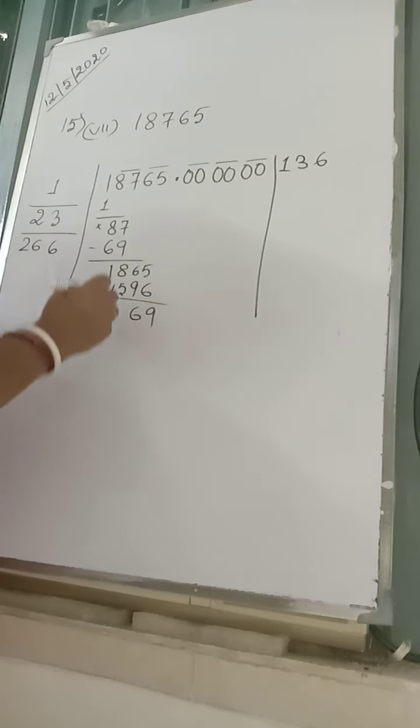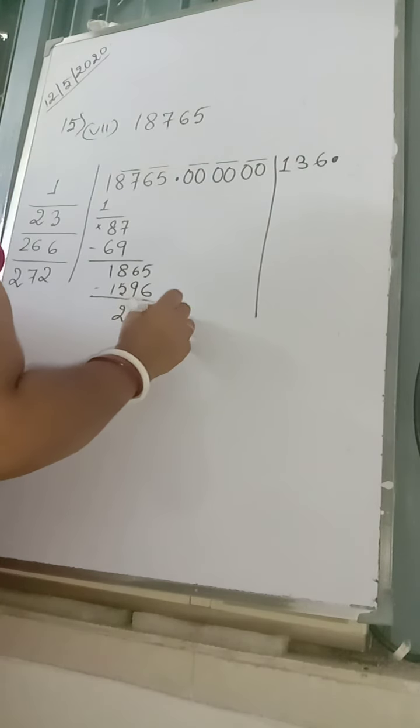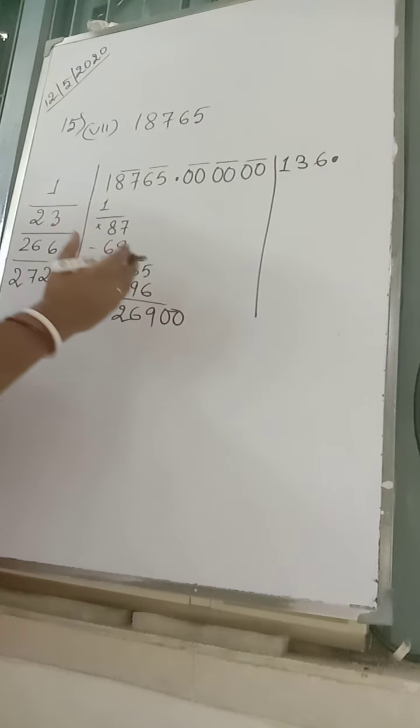Then came 7 minus 5, 2. This comes 272. Then we have a decimal, given decimal here. 20 is coming. Hide 1, hide 2.